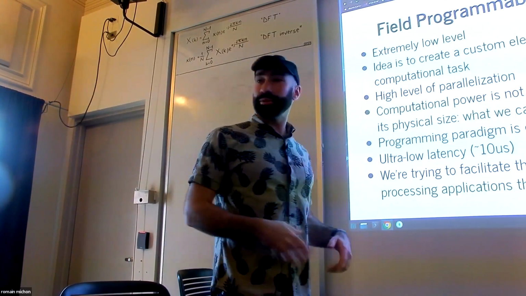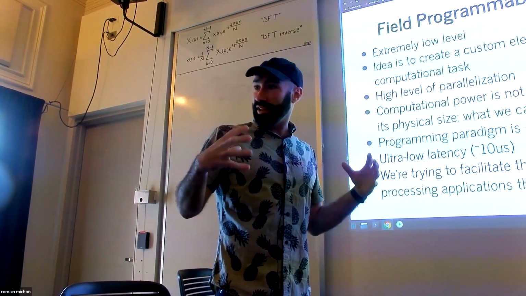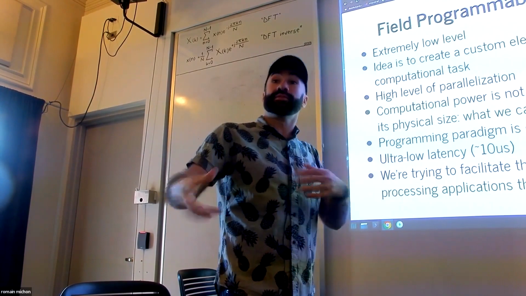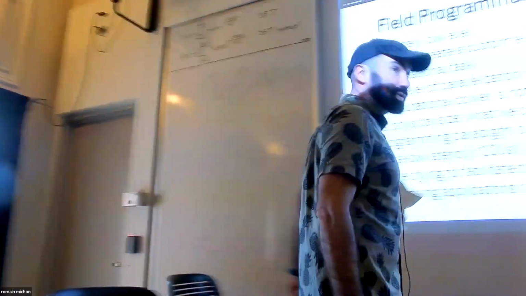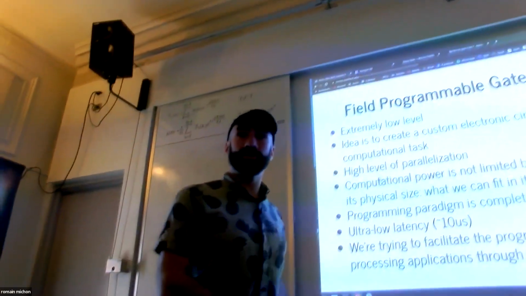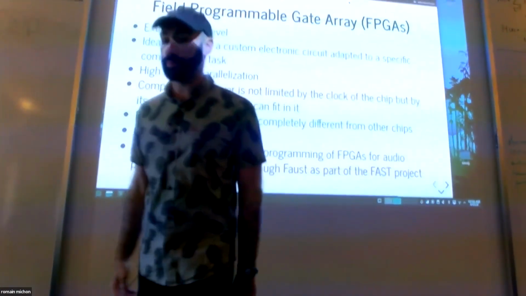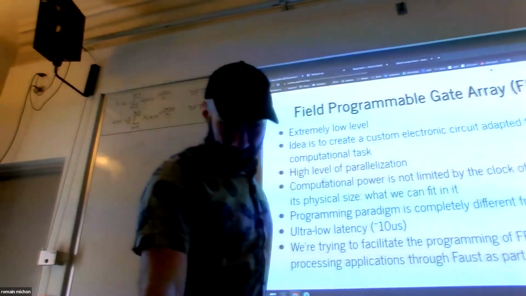So the end goal is that maybe you can have a concert hall where you can change the acoustics on demand. If you want your concert hall to sound like a cathedral or whatever, you just press a button. This is only doable if you have FPGAs.